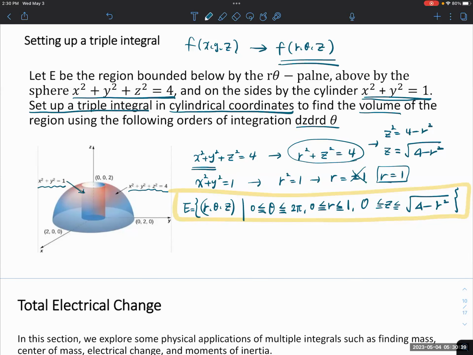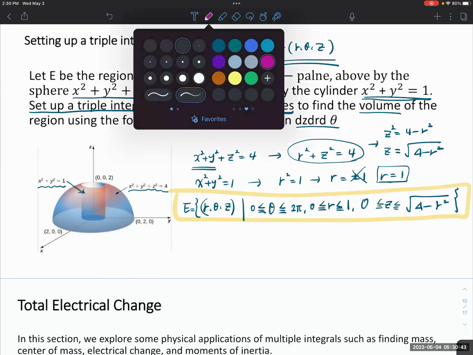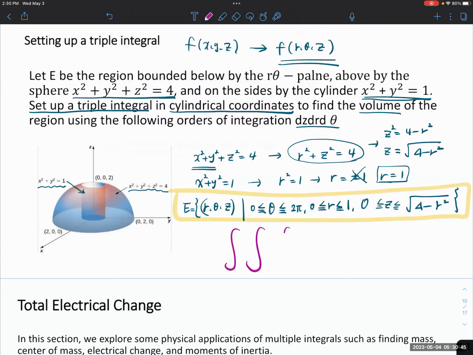That's the next step. So you are going to do what? Triple integral, r theta z. I don't know what they're giving us. They didn't give us what it is. So that's okay. But don't forget the r.